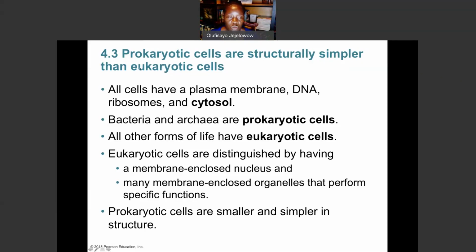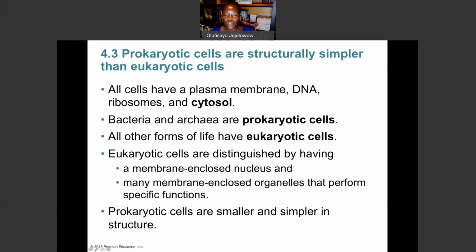All cells have a plasma membrane on their outside. All cells have DNA. They have ribosomes for making proteins, and they have cytosol. Cytosol describes the jelly-like material in the cell. In prokaryotic organisms, the entire interior of the cell is the cytosol.